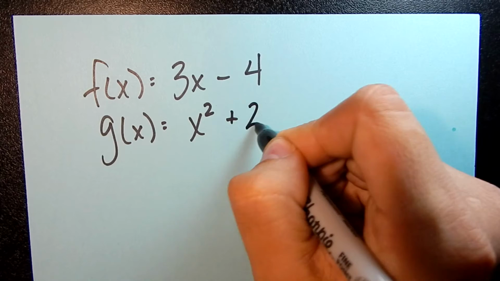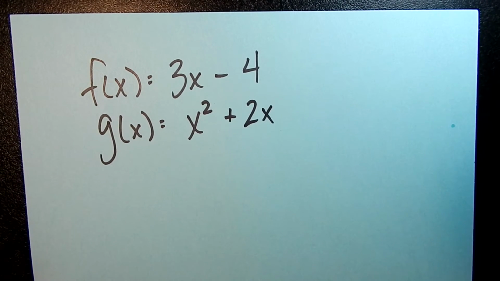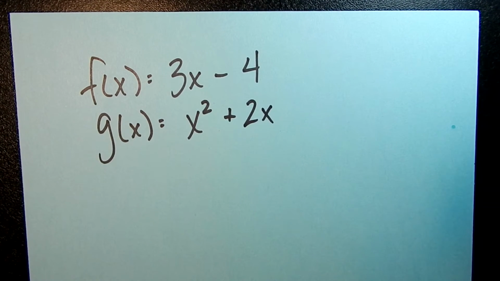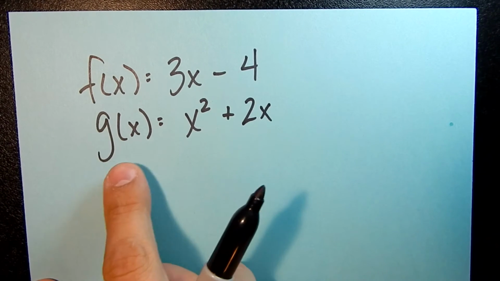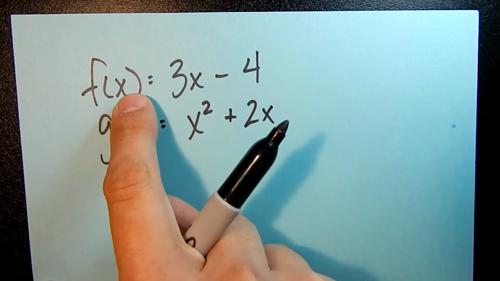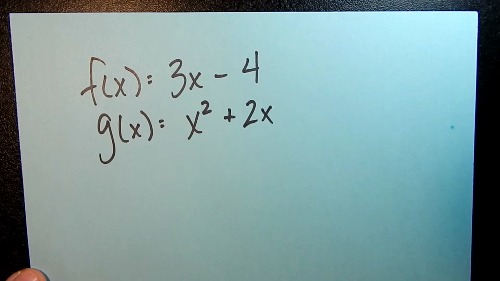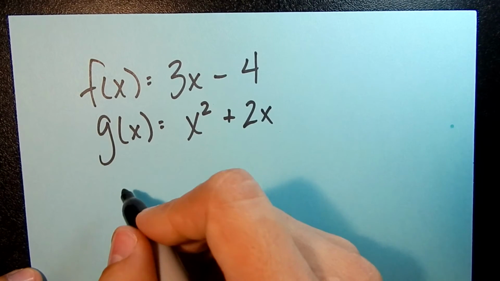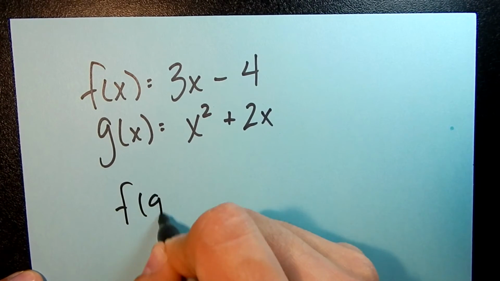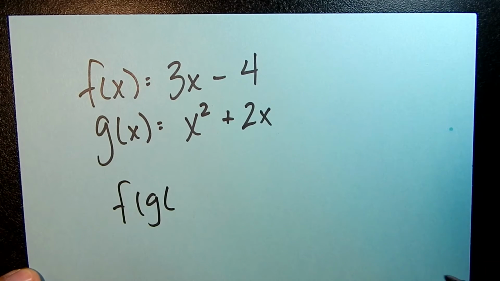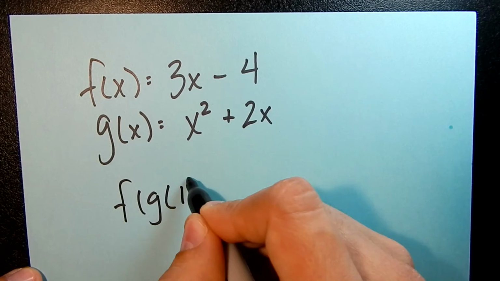How about 2 more x's? Okay, so this is our definition for g of x. This is our definition for f of x. Now we have to do some composing of this. So if I want to find, let's say, f of g of, let's make it something simple. How about 1?